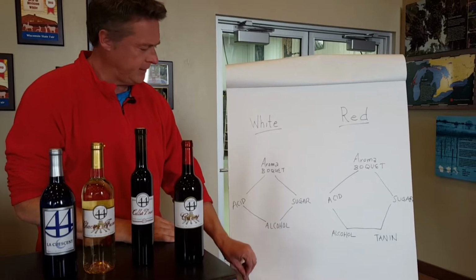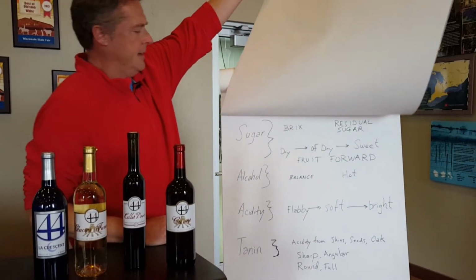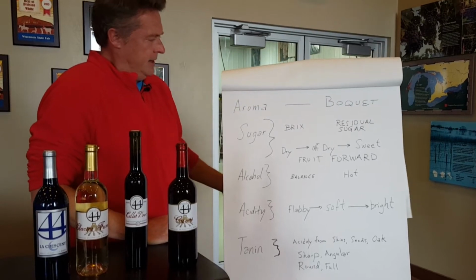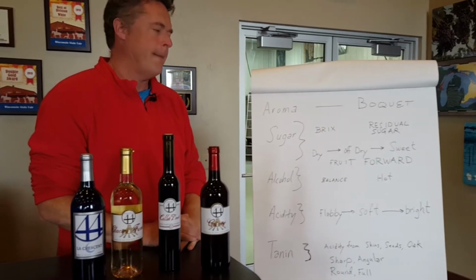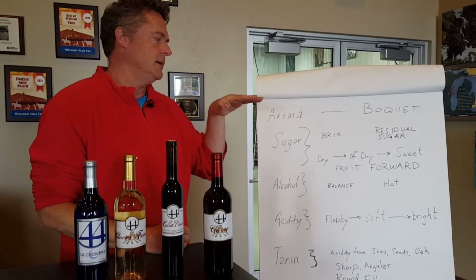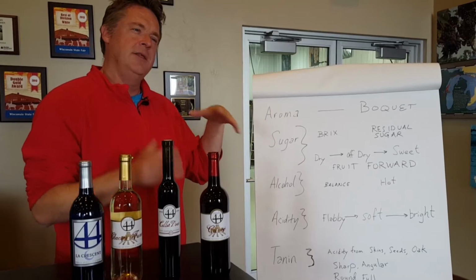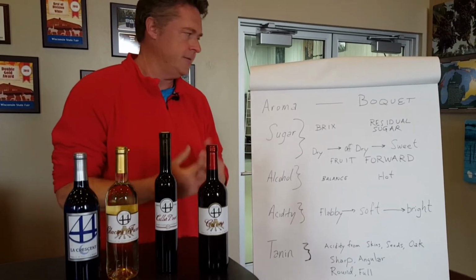So let's get a little bit deeper into what each of these elements really mean. The aroma, bouquet element, those terms are used interchangeably, but if you really wanted to break it down, aroma is basically a description of the flavors and the smells that you're getting from the grape itself.